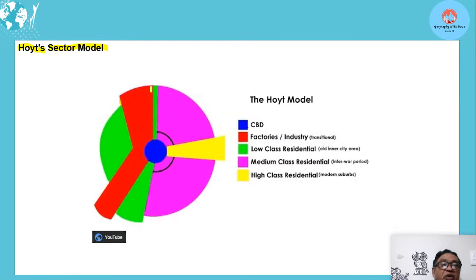Like that, going up there and up there. So it forms in sectors. That's what he mentioned. He still mentioned that the CBD was in the center, but from there we would find sectors developing. There was some emphasis on the high income area.